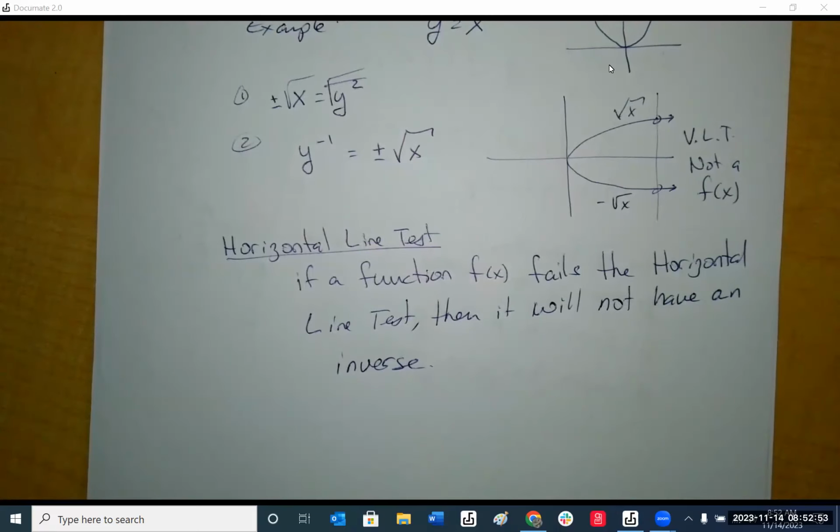If the graph of the original function fails the horizontal line test, then it will not have an inverse.